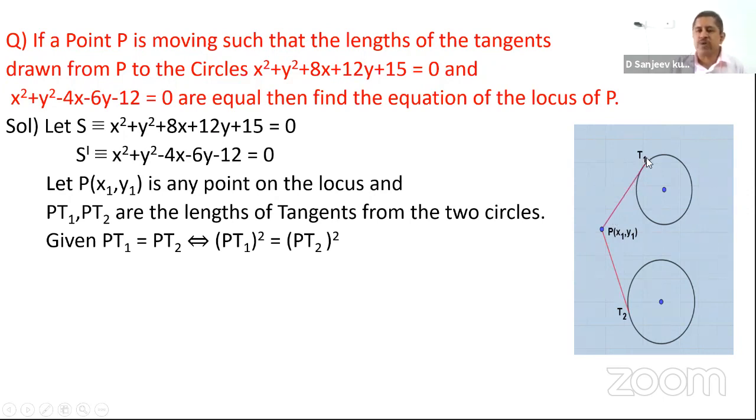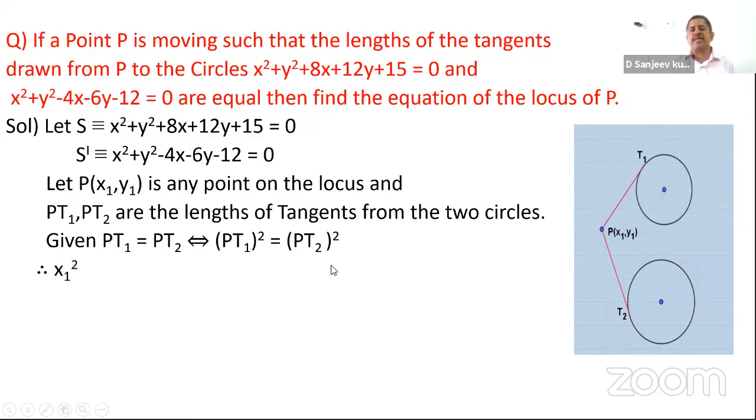It is square root of S11, but because you have taken the square here, the square root will vanish and you simply get PT1 square. So it is going to be simply S11. And PT2 square is S11 with the second circle, which you called S dash. So it is S dash 11.